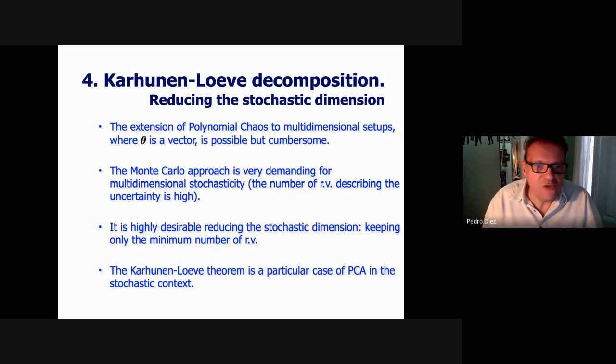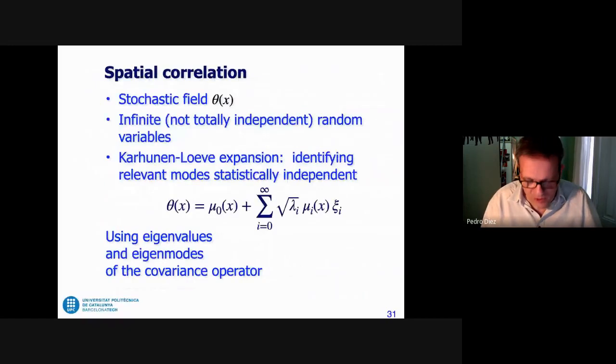So in order to present it, we are going to assume that we have a stochastic field. So it's not just one stochastic parameter theta, but a different stochastic parameter theta at each of the points of the domain. So you have an infinite number of random variables, but they are not independent.